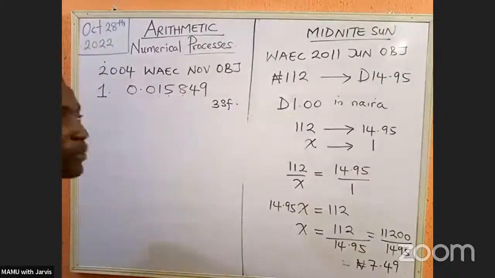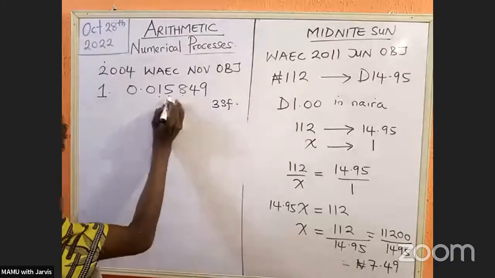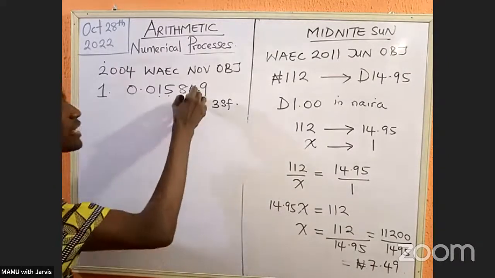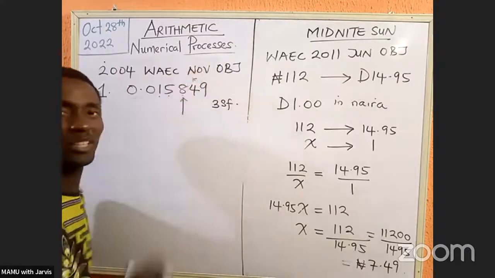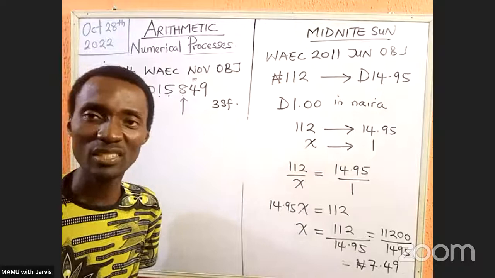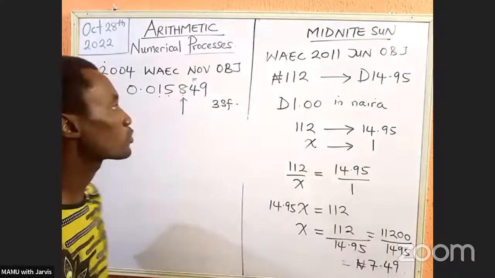Now let's see what the correct answer is. 1, 2, 3. The digit of interest, the digit causing the approximation, is not up to 5.